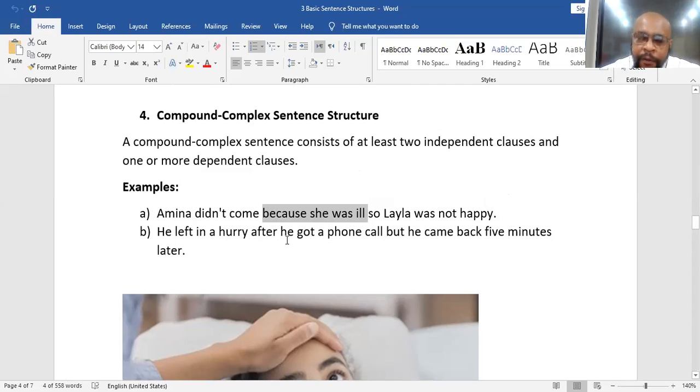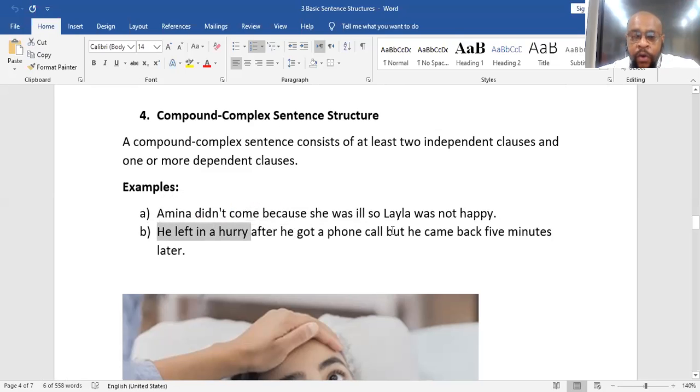Also can be very difficult to understand. I don't expect you to be able to define it in its full sense, but it is important for you to be able to identify it and for you to be able to use it in an actual real sentence, right? So let's look at the next one. He left in a hurry, right?